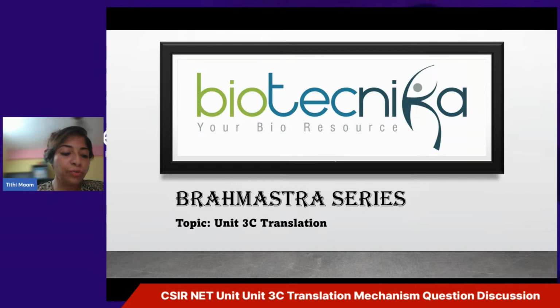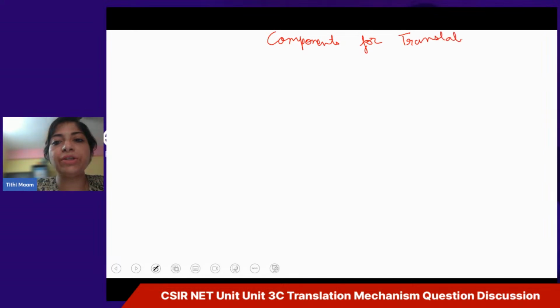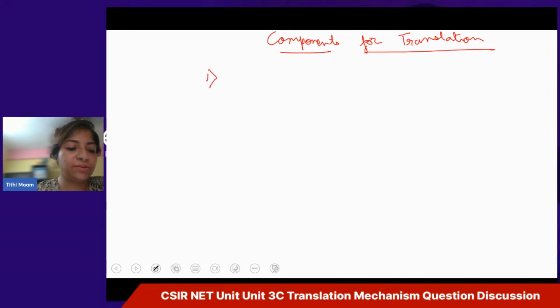So quickly, what components do we require for translation? First, mRNA, absolutely correct.